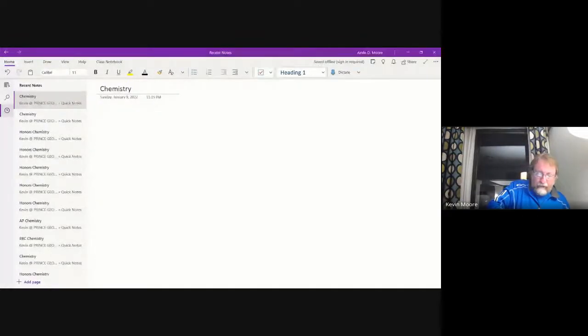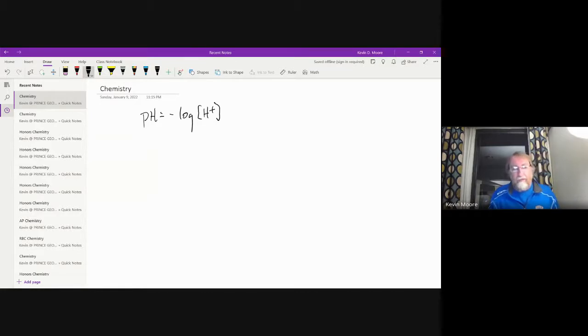So what you've learned is that the pH is equal to the negative log of the hydrogen ion concentration. pH represents power of hydrogen, and it is a logarithmic scale, which I've already mentioned. The pOH is equal to the negative log of the hydroxide concentration.